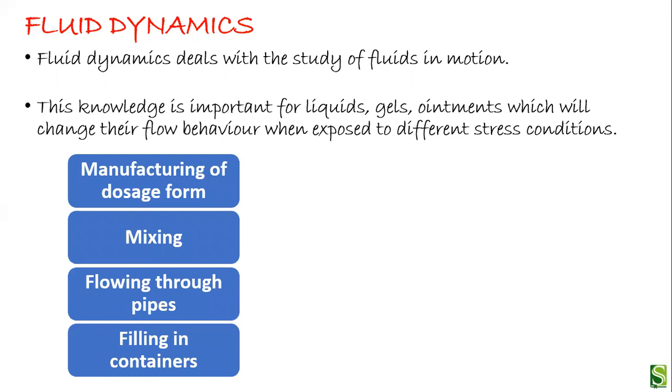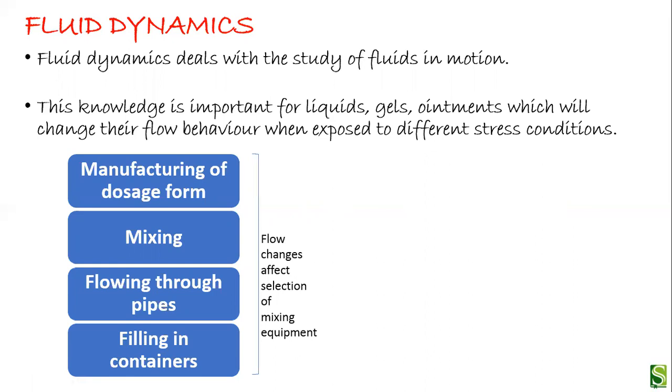Whenever a liquid or a fluid is in its manufacturing state, the rate of flow is different, its behavior is different. Why? Because of mixing. Then we also make the fluid flow through pipes, and we bring about filling. So the flow changes, and it affects the selection.